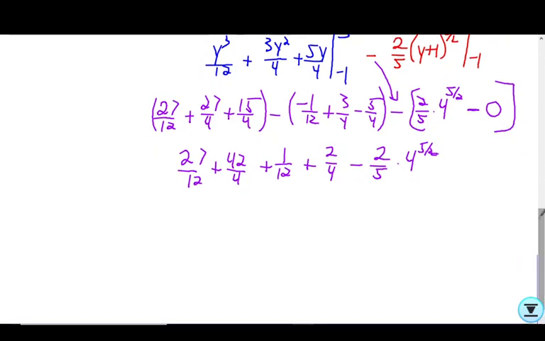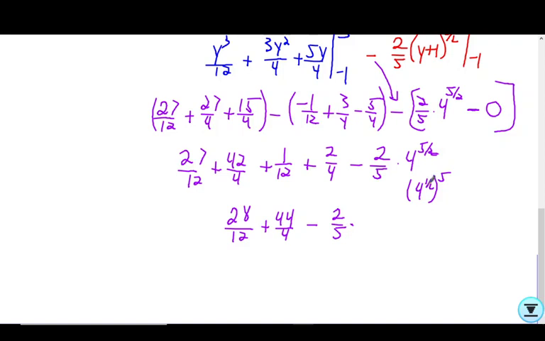And the reason I left it, I know 2 over 4 is 1/2, but I have over 4s. Makes my life easier. So I end up with 28 over 12 plus 44 over 4 minus 2/5 times 4 to the 5/2. That's the same thing as 4 to the 1/2 to the 5th power.